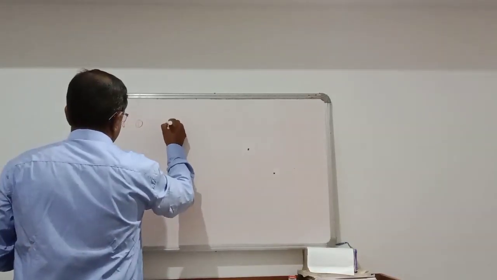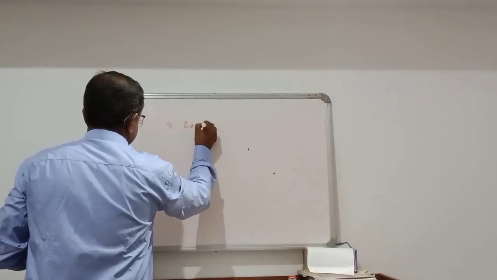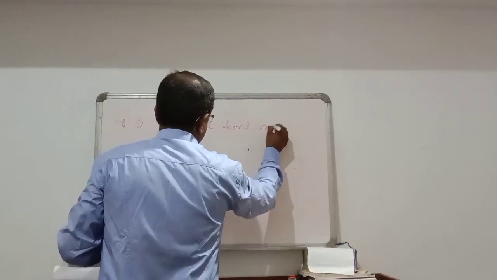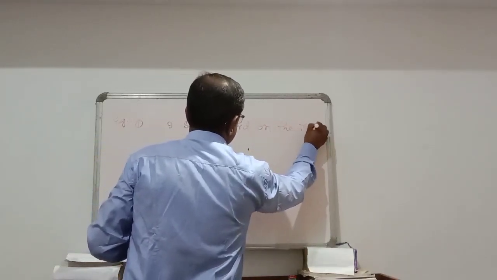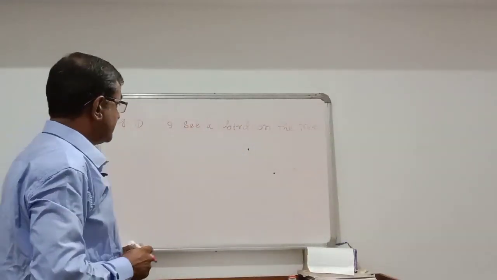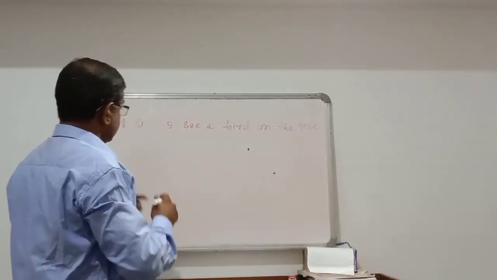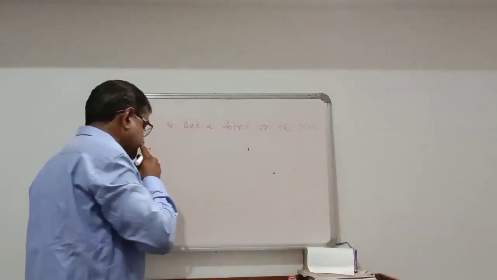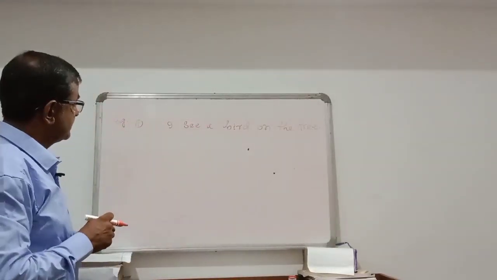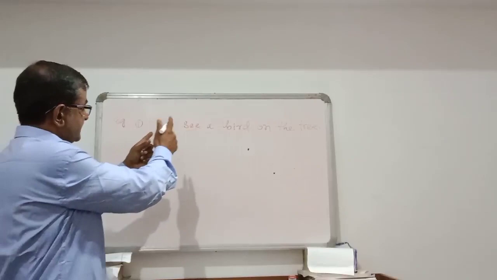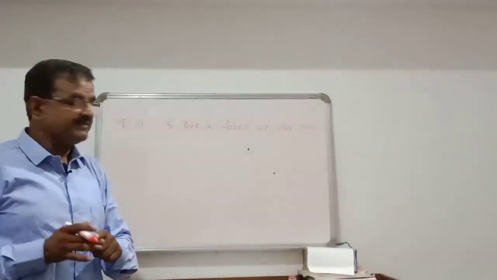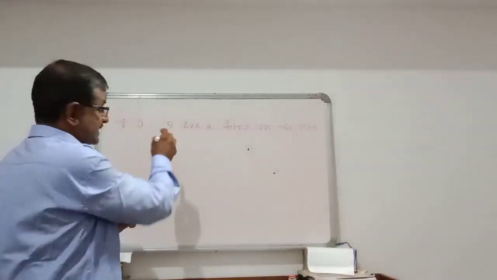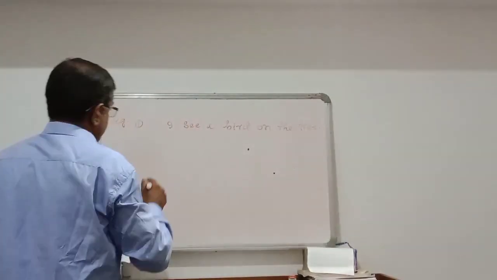Number 1, I see a bird on the tree. I see a bird on the tree. It is true because see is a verb of changes, a non-continuous verb. The verb see cannot be used in present continuous tense, so it is usually or generally used in simple present tense.